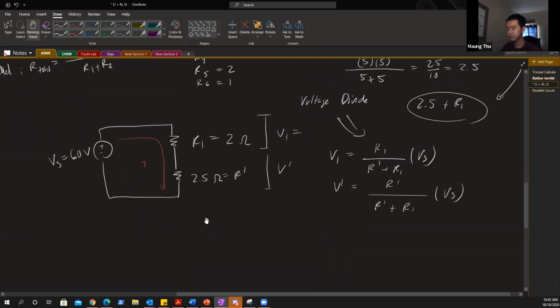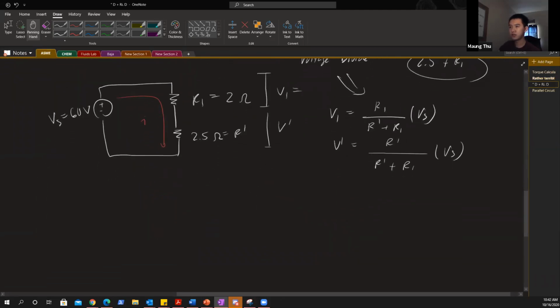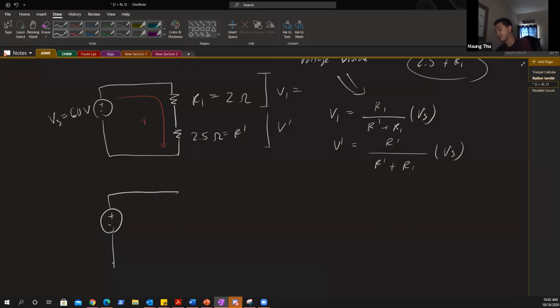Hopefully, it's easier. Now, what's a current divider? I'm just gonna give you how it's applied instead of giving an example because we don't have time. So when it comes to the current divider, you have this.